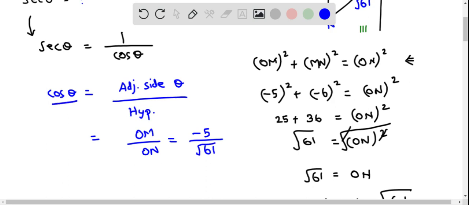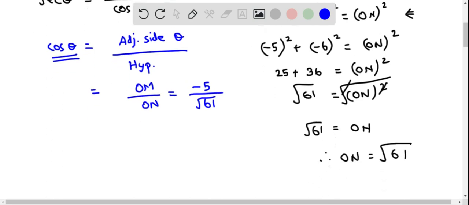So we have determined this cosine theta, and this means we can find the secant theta just by taking the reciprocal of the cosine theta. So I write secant theta equals 1 over cosine theta. Cosine theta is negative 5 over root 61.